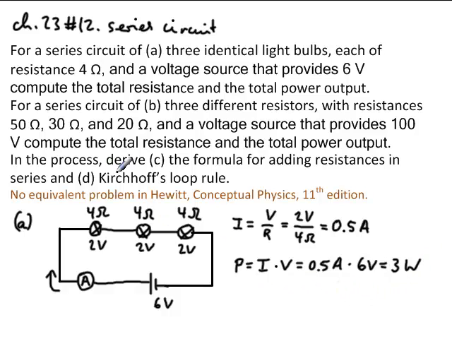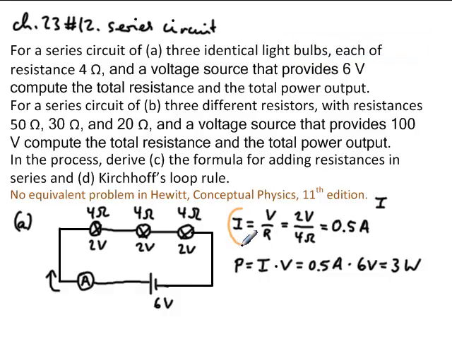Okay, it says here, in the process derive the formula for adding resistances. Well, if we look at this one here, Ohm's law again, for the total, these here are for the individual ones.